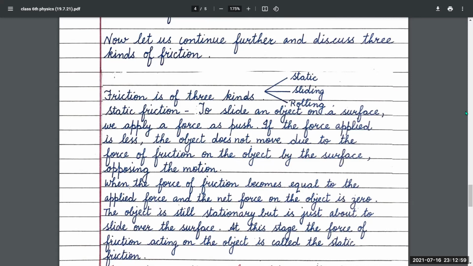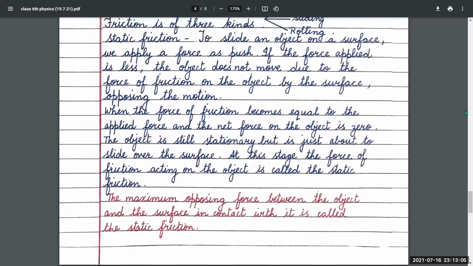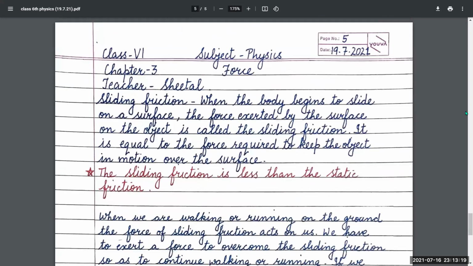At this stage, the force of friction acting on the object is called the static friction. The maximum opposing force between the object and the surface in contact with it is called the static friction.